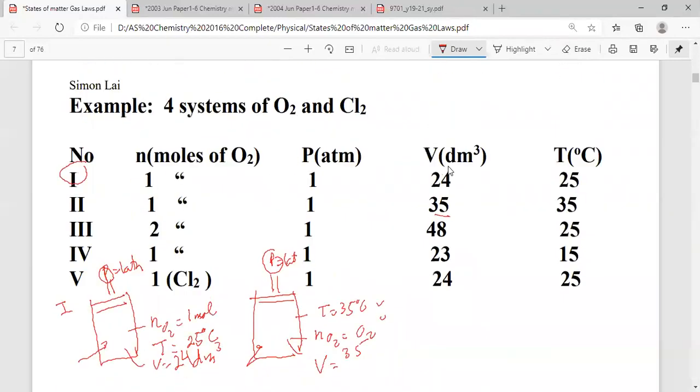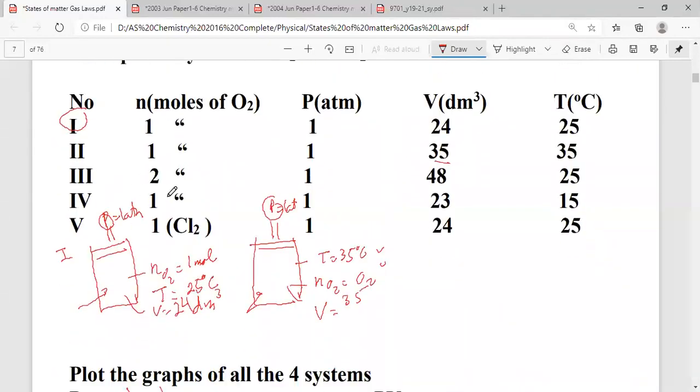Now experiment 3: 2 moles, at 25 degrees, at 1 atmosphere. So how will it look? Remember, the number of moles increased, so the volume increases, but the pressure remains the same.